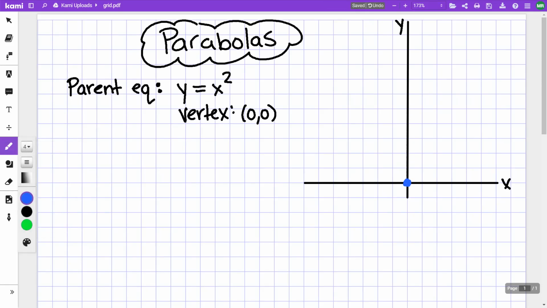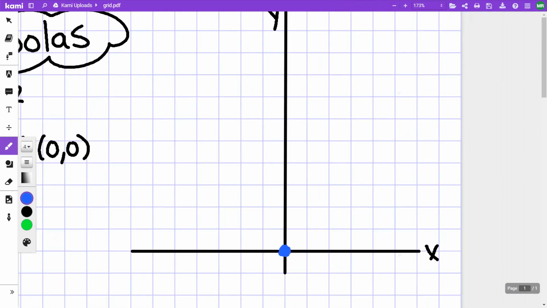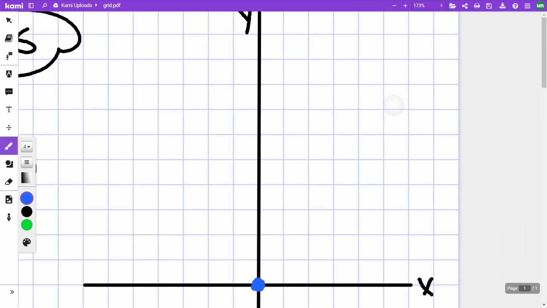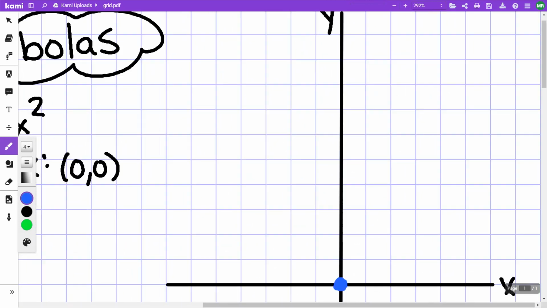When I put in a 1, and let me just make this a little bigger for us. I know the grid might be a little hard to read on that screen over there. Maybe if you're closer, it's okay. So as I go out 1 squared is 1. As I go out 2 squared is 1, 2, 3, 4.